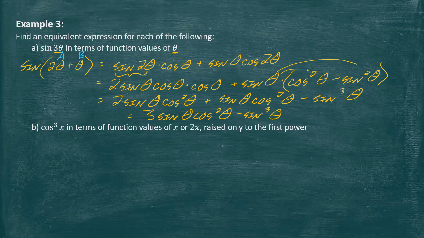So technically I was able to turn all of my angles into just single thetas. Right now I don't necessarily feel like I would be a big fan of having a cosine in the middle of all of this, so I might continue on and attack this cosine squared term, which has some options. I could replace that with 1 minus sine squared of theta, and then just see where that would go.